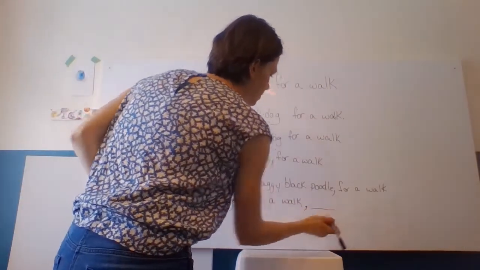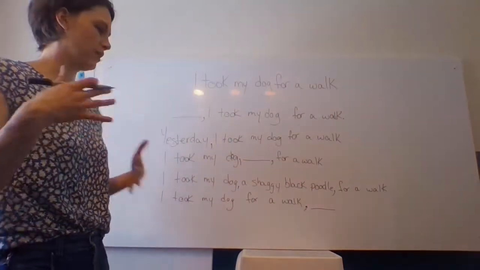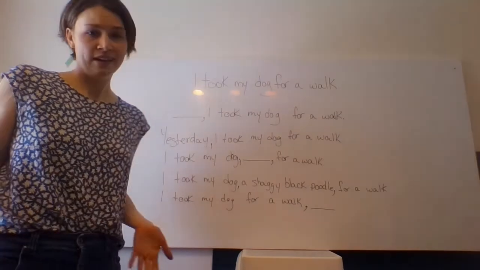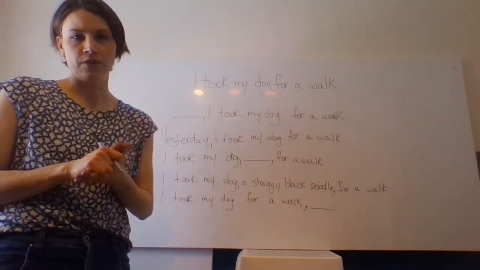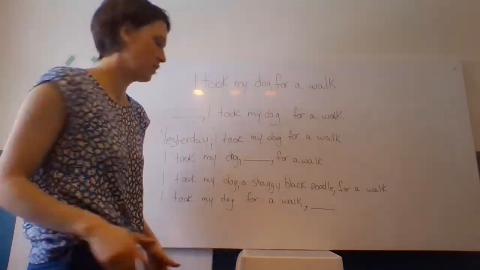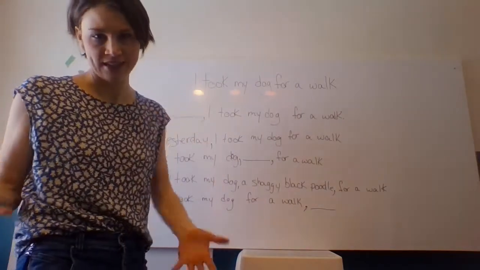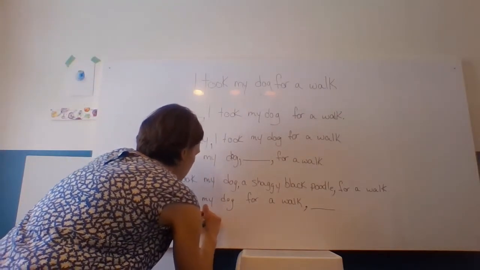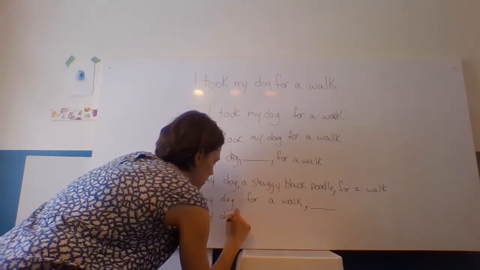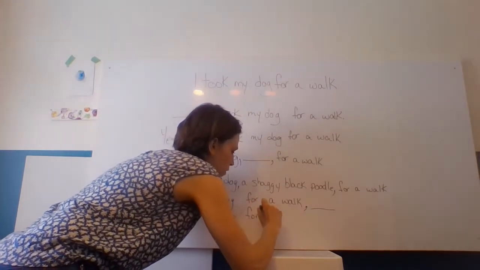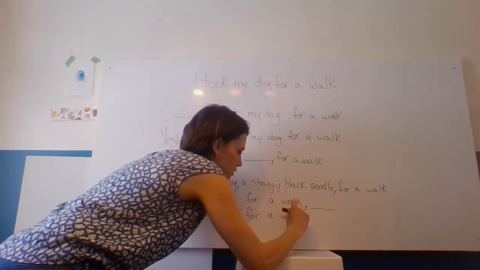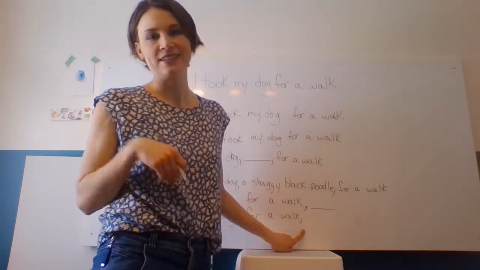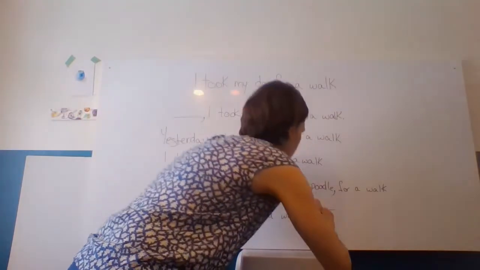So we want to add some more information about our walk. I took my dog for a walk, hoping the weather would be nice, or hoping my dog wouldn't get dirty, something like that. So I'll say, I took my dog for a walk, comma, hoping he wouldn't jump into a puddle.